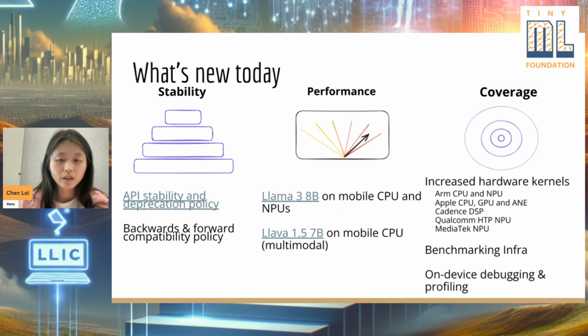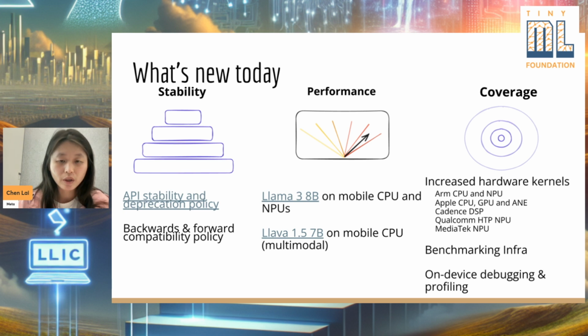For beta, what is new? We aim to target stability, performance, and coverage, especially stability. We target API stability and also backward and forward compatibility. On the performance side, we focus on optimum performance on GenAI, for example Llama 3 8B and then Llava 1.5 7 billion.